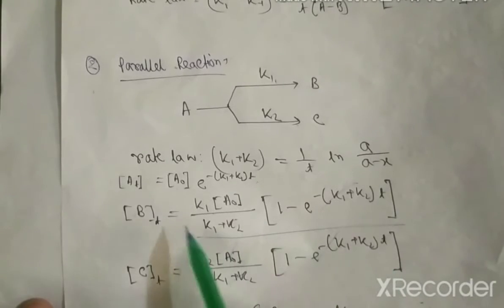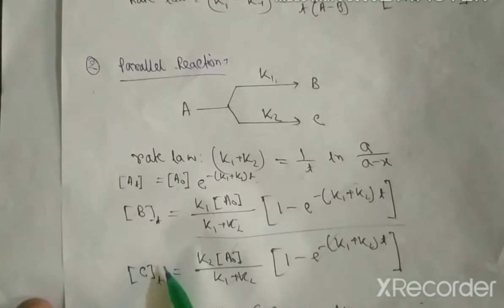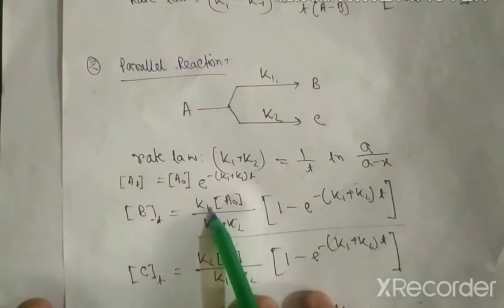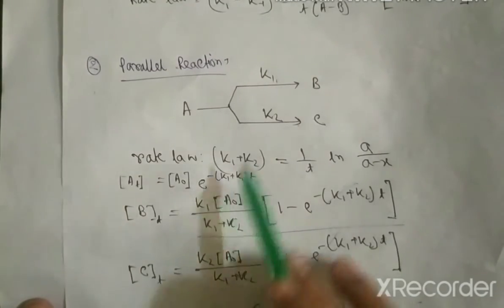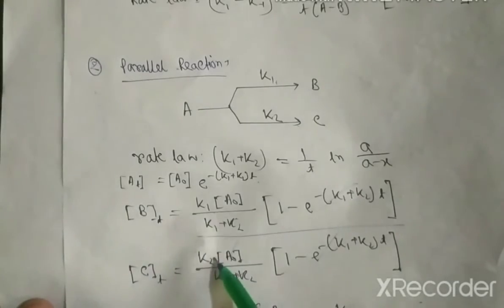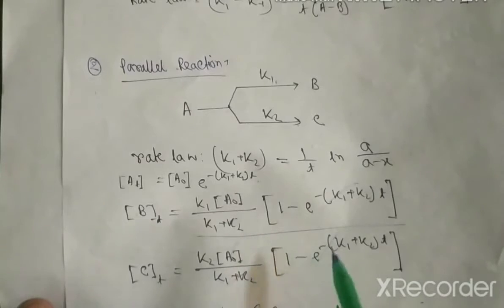If you remember the term for the concentration of B at time t, you can easily remember that of C, because the only change is K1 becomes K2. The remaining part is the same.